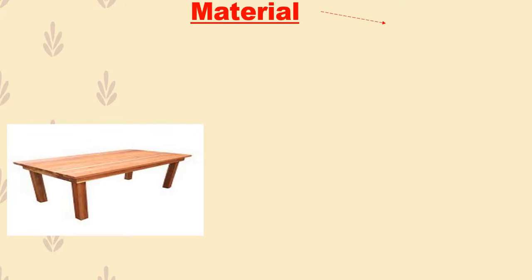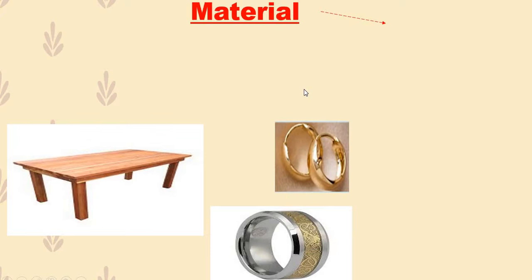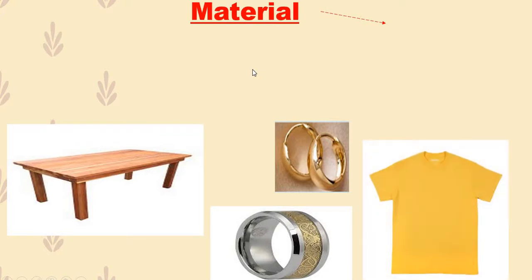Okay? So material, we said, may be natural or man-made. For example, this table, ring or jewelry, and the t-shirt. What do you think? The table is made of what? Yeah, made of wood. So wood is a natural material we need to make a table.